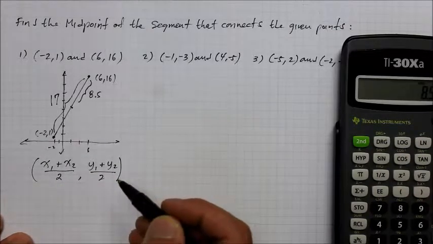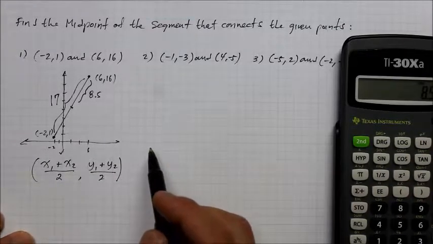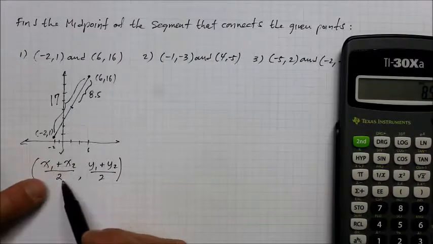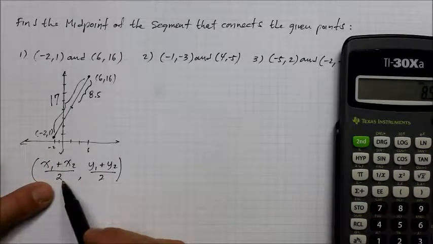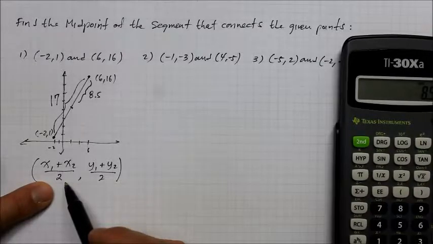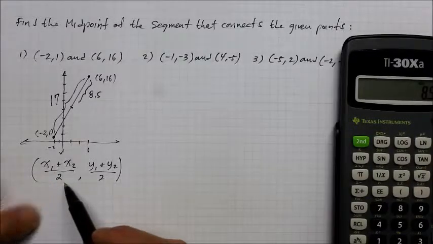Just out of curiosity, do you recall a situation where we would add two numbers and divide by 2? When would we do that? Yeah, to find the average of the two, or the mean of the two data, if we're talking about statistics, probabilities.